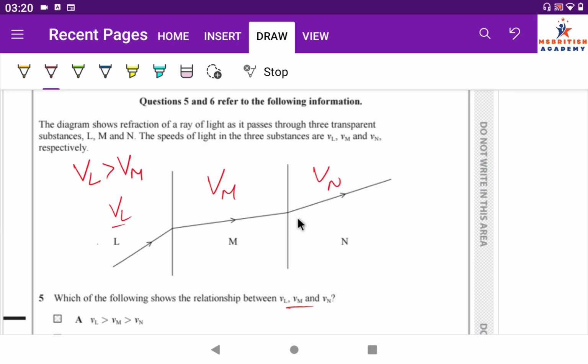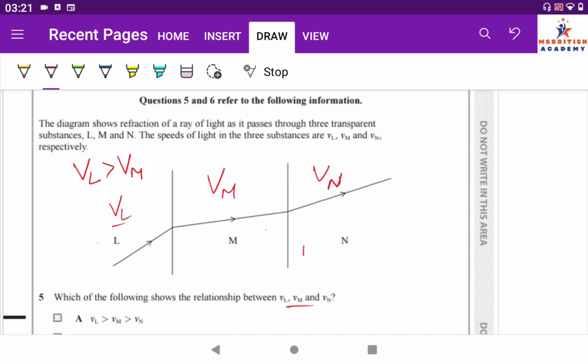And in this case, the light is traveling away from the normal. Away from the normal means this is denser and this is rarer. It means the speed Vn will be greater than the speed Vm.